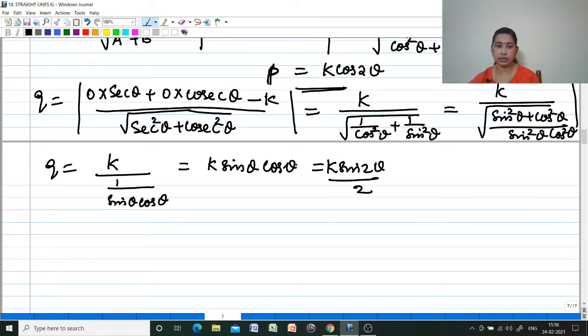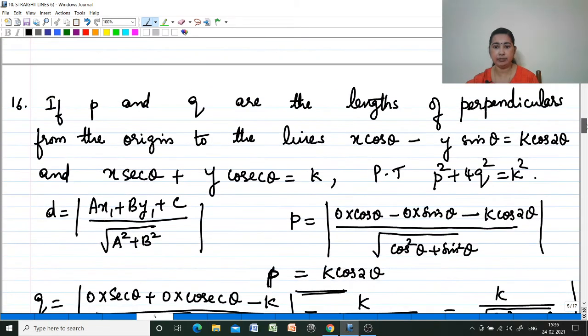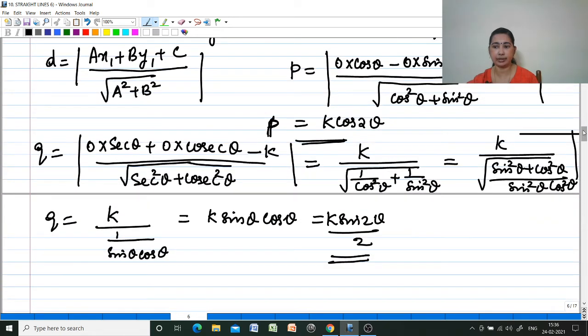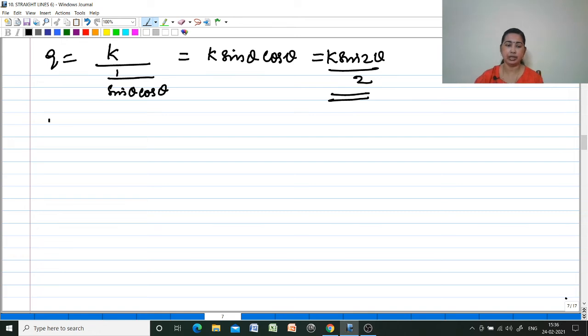Now we got what P and Q are. P is k cos 2 theta, Q is k sin 2 theta by 2. Then the equation we have to prove is P square plus 4Q square is equal to k square. So start with P square plus 4Q square.